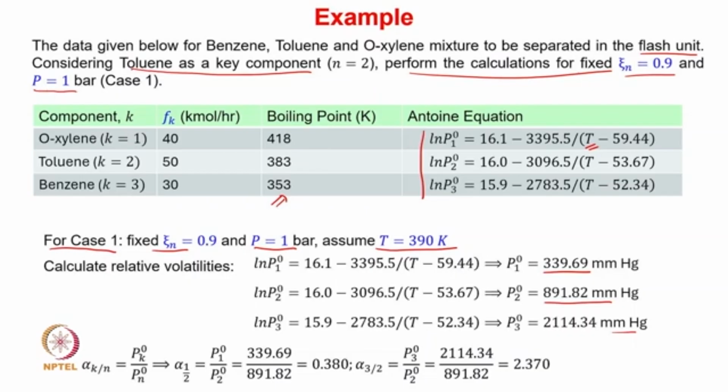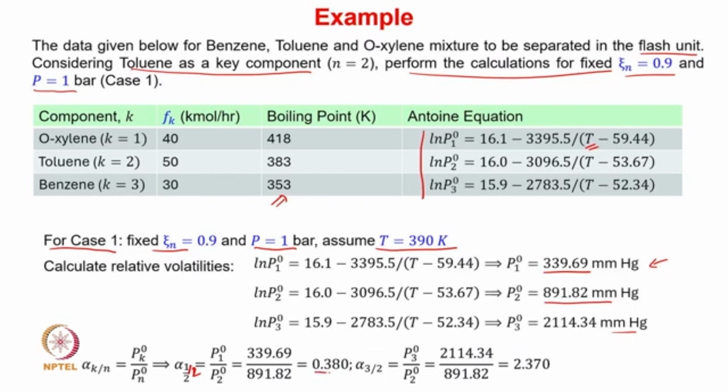So Pk naught in this case, let's say for component 1 here, that becomes alpha 1 by 2, isn't it? It is nothing but the relative volatility of component 1 with respect to the key component toluene. Remember here the key component is component 2. So now we can calculate the relative volatility alpha Kn as P1 naught divided by P2 naught.